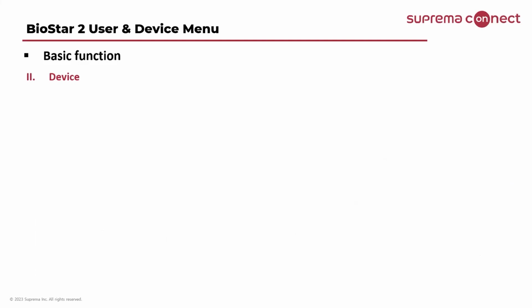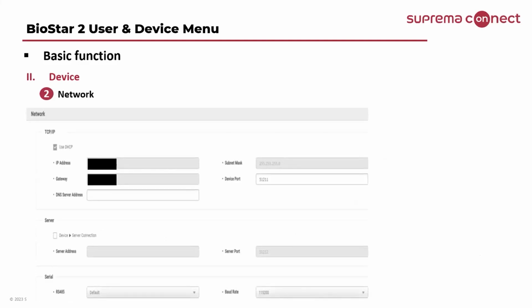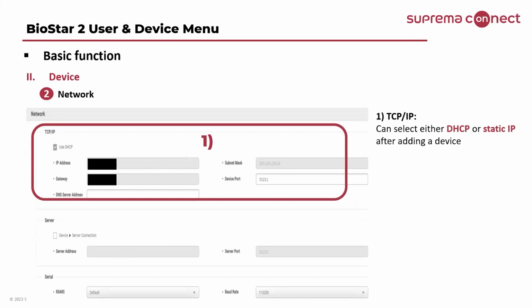The second major topic is network. After adding a device, you can see the network in the device. In TCP/IP part, you can keep using DHCP mode or can configure a static IP with the relevant information.